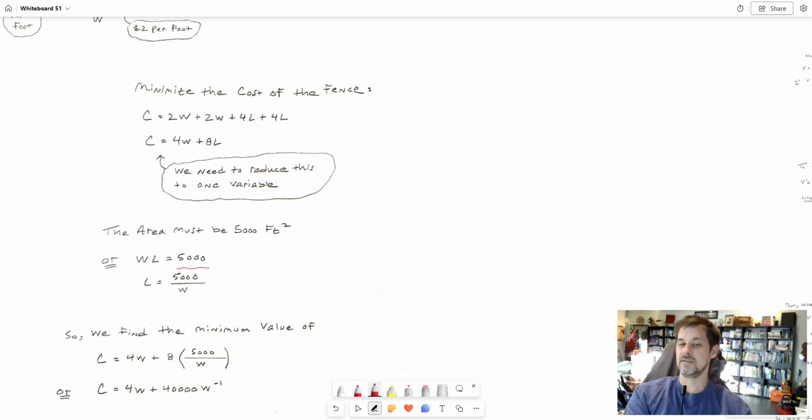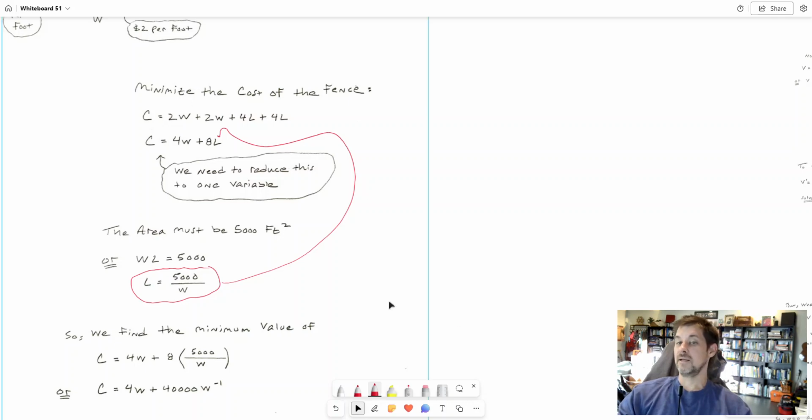So I solve for L, and then I take that and put it up here for L, and then I get to reduce this function to be only a function of one variable, W.